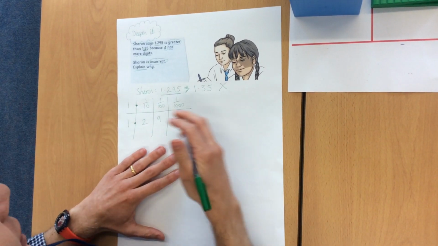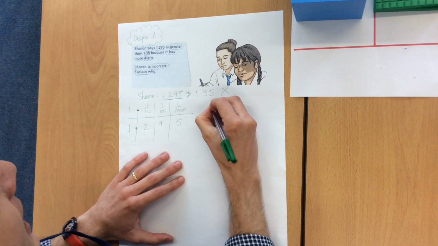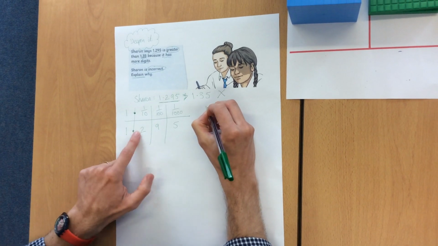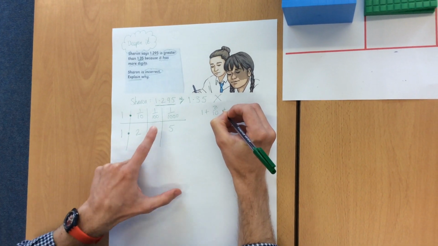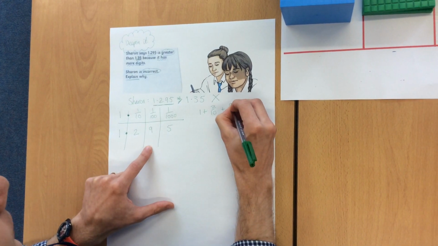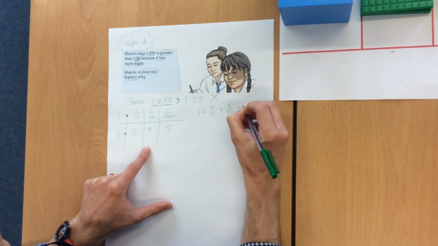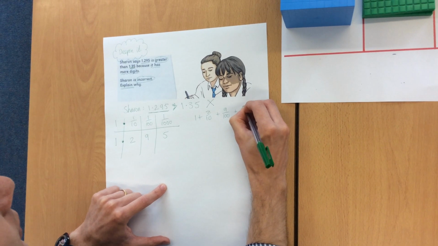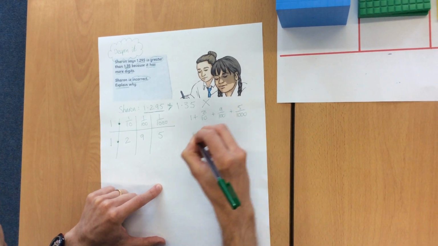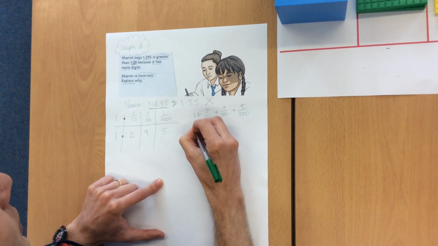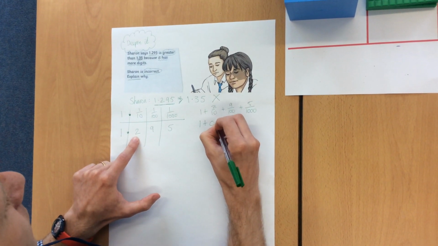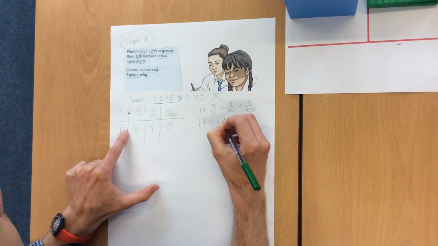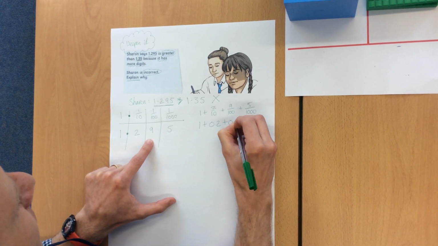Now if I was to expand this, we've done this in a previous video, that would be 1 whole plus 2 tenths plus 9 hundredths plus 5 thousandths. And again, if I was to write this as a decimal expanded, it would be 1 whole plus 0.2 plus 0.09.